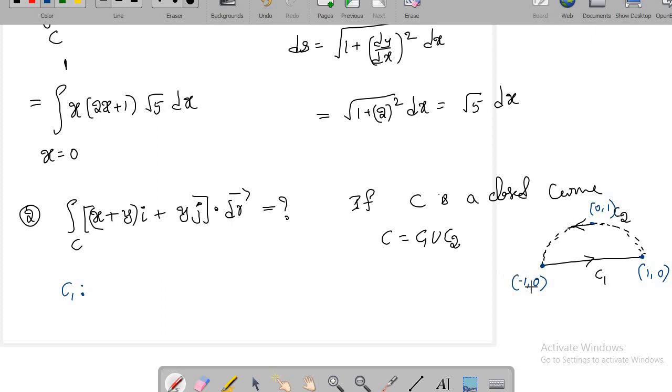Now C1 is a line from negative 1 comma 0 to 1 comma 0, and you can see the equation of this line is nothing but y equal to 0.